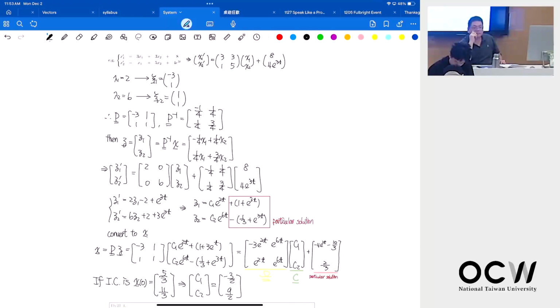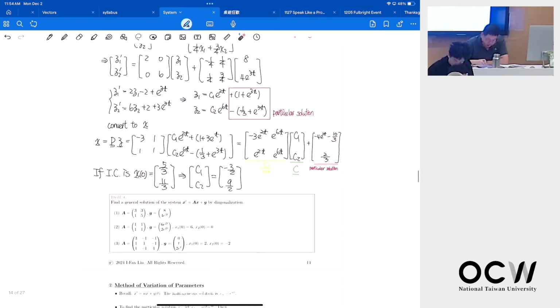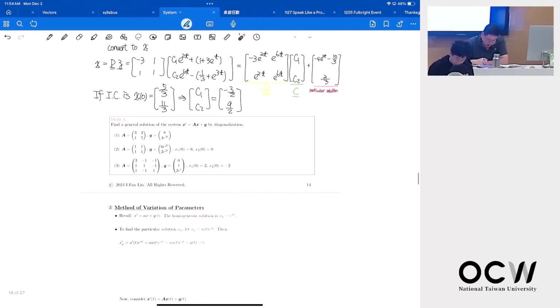Any questions for this method? Now, if you don't have any questions, the next method is called the method of variation of parameters.